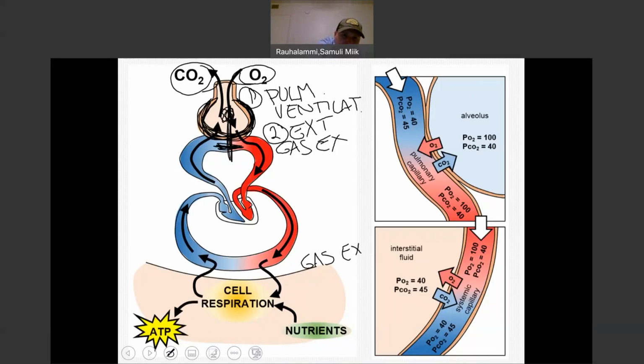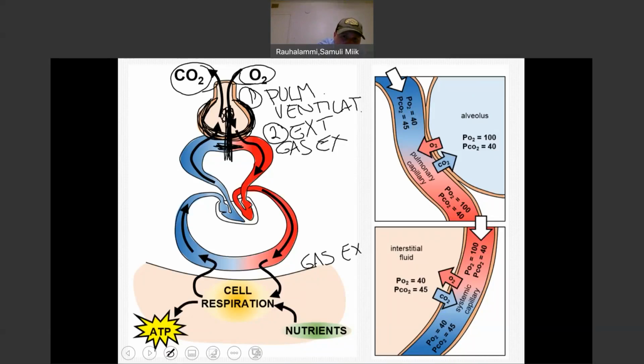So we're exchanging: the oxygen gets picked up and carbon dioxide gets put out to the lungs, and oxygen gets picked up by the blood of the pulmonary circulation. That's our second stage, external gas exchange.